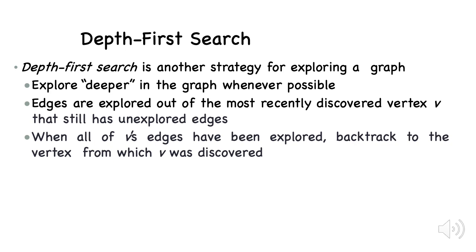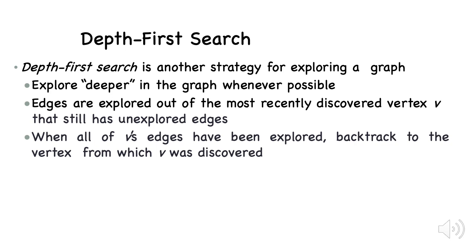Depth first search explores edges out of the most recently discovered vertex V that still has unexplored edges leaving it. Once all of V's edges have been explored, the search backtracks to the vertex from which V was discovered.